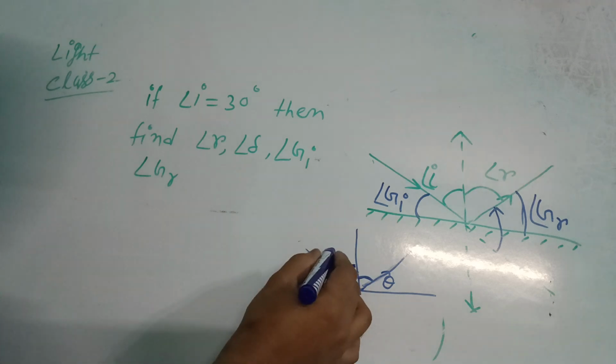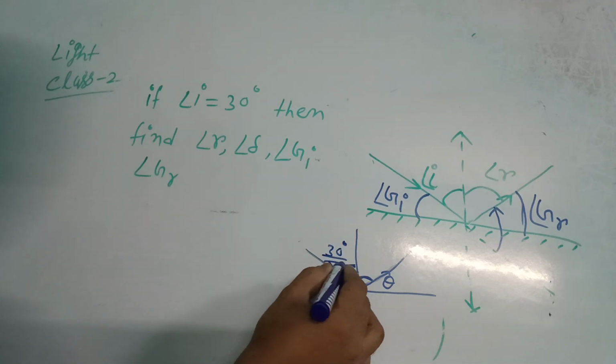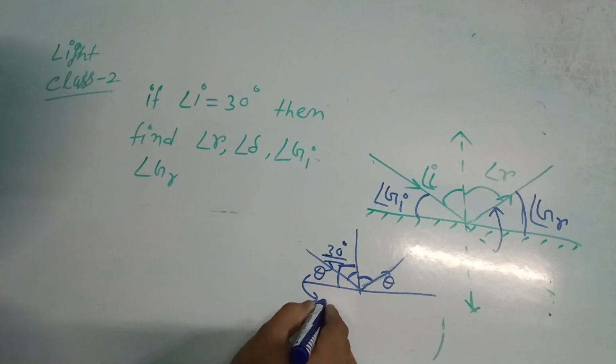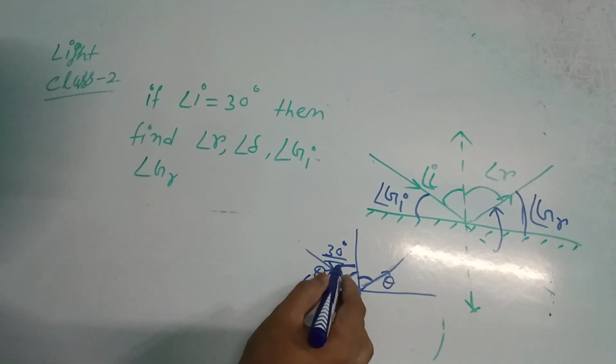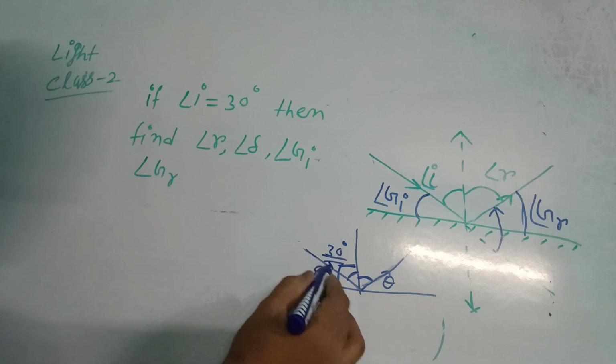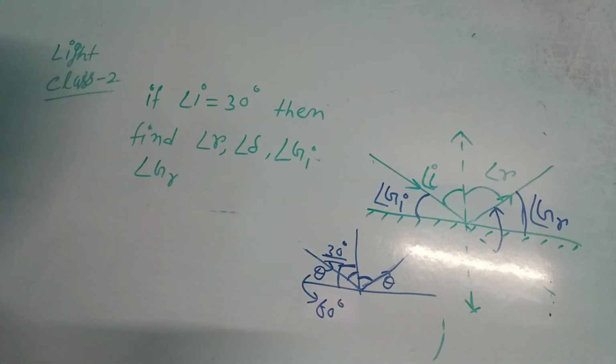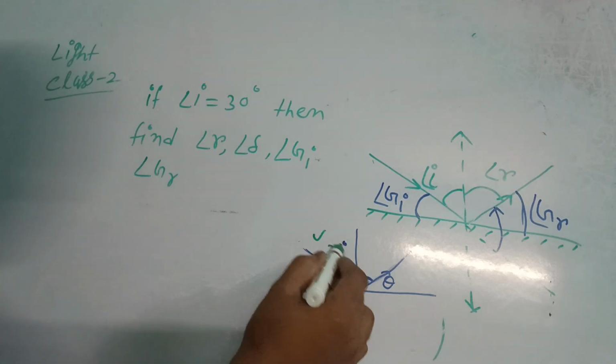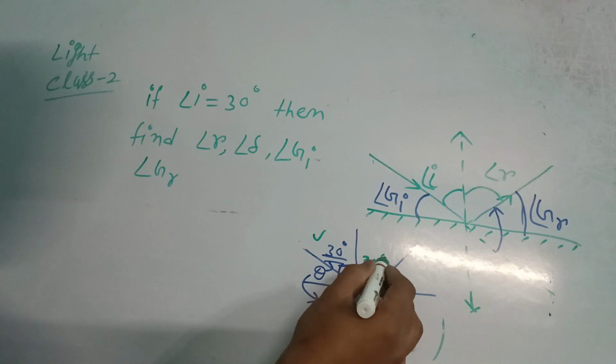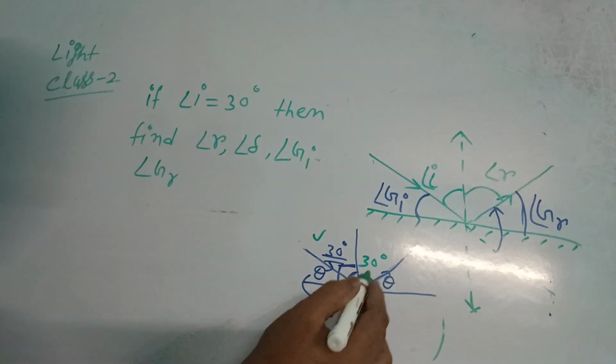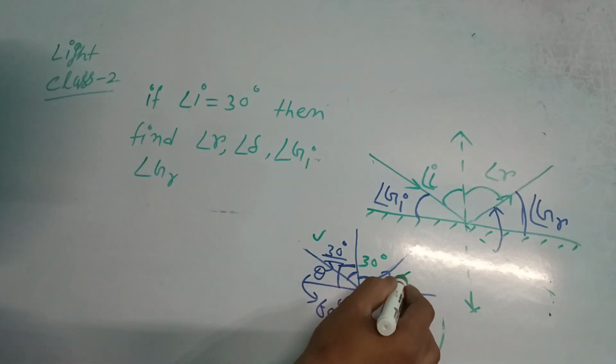So for example, if this one is 30 degree, then this part is what? 60 degree. From the second law, if this angle is 30 degree, then that one must be 30 degree. So again this is 60 degree.